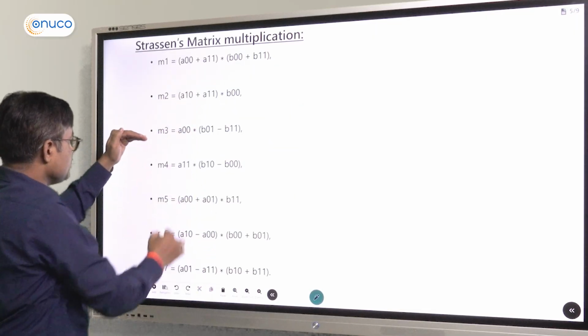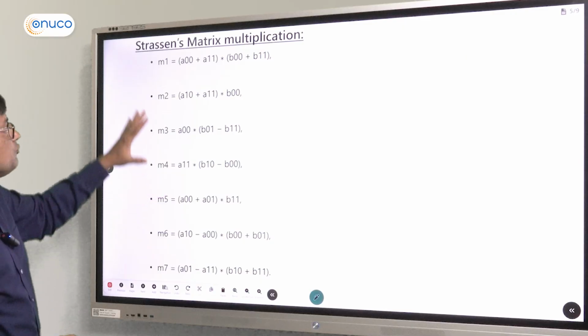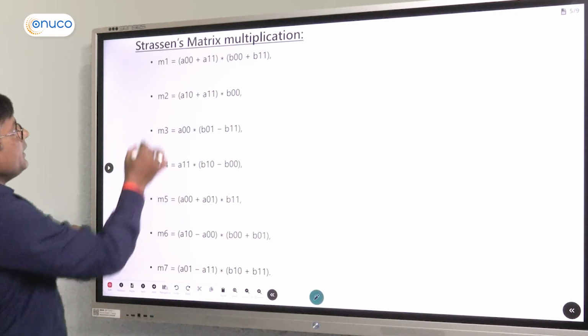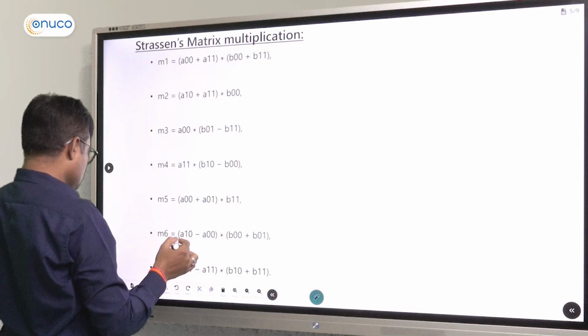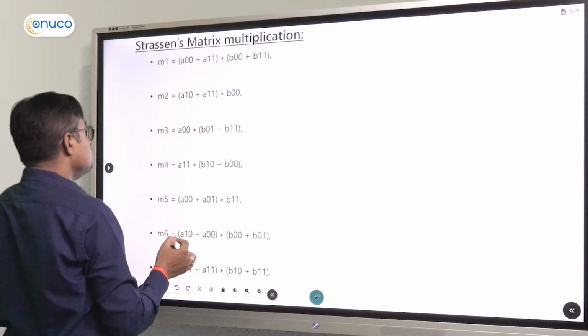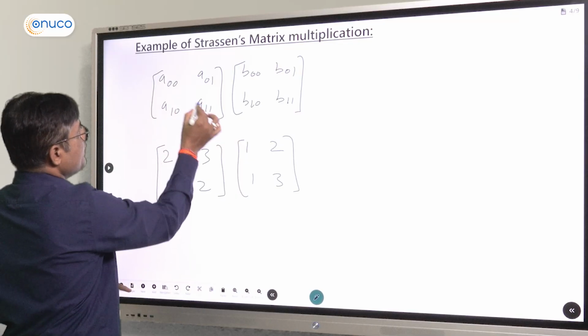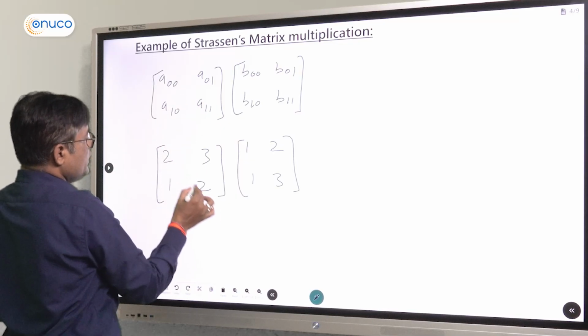Let us see that. There are 7 multiplications that are well defined. We have to compute the multiplicative factors. M1 is A00 plus A11, the diagonal elements.